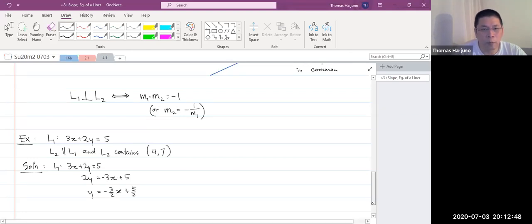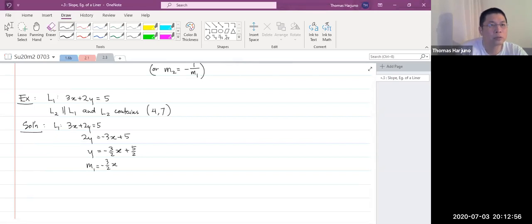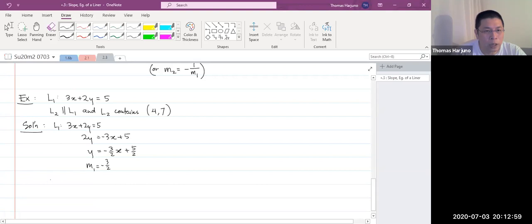So the slope from line 1 is -3/2. Then because line 2 is parallel to line 1, the slope of line 2 must be equal to the slope of line 1, which is -3/2.